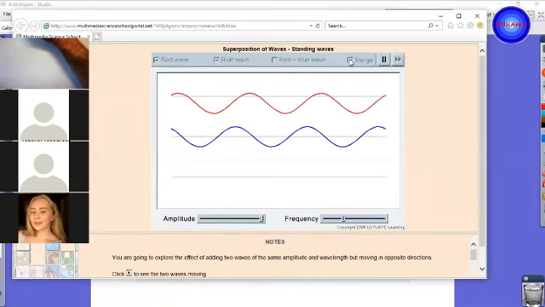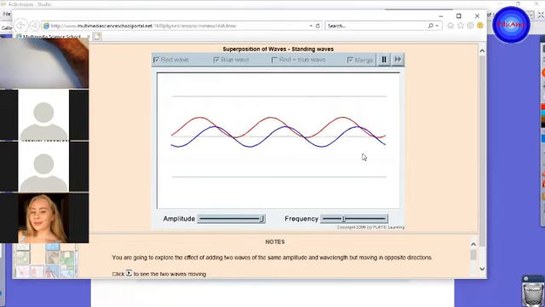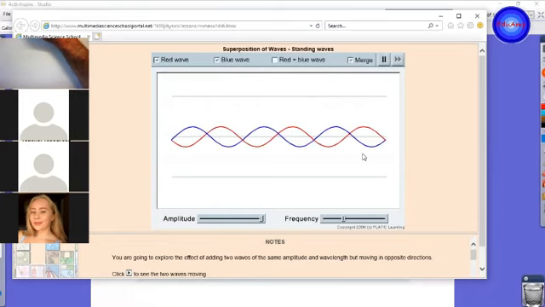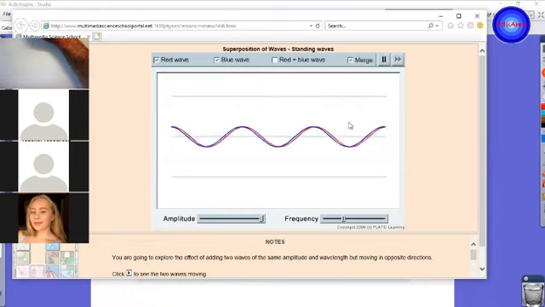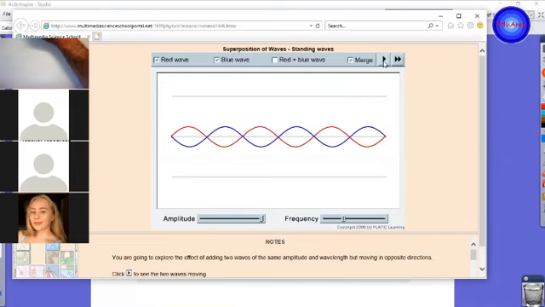So what you then get. Why is the blue pi out of phase? Right. The reason it's pi out of phase is that if I freeze it for a second, at this point here there can be no vibration at all. It has to be flat.